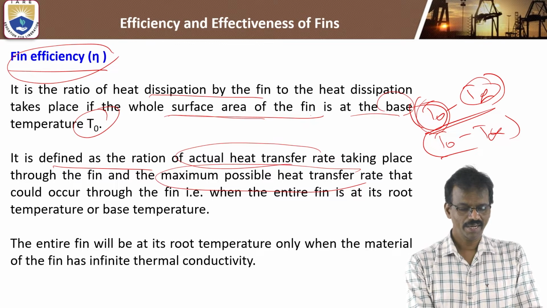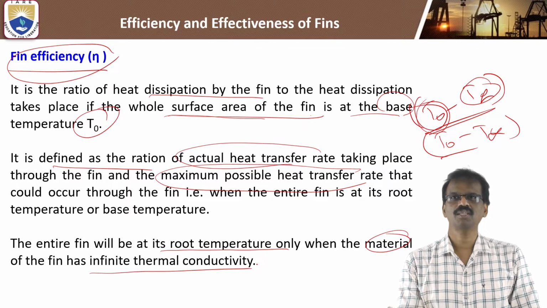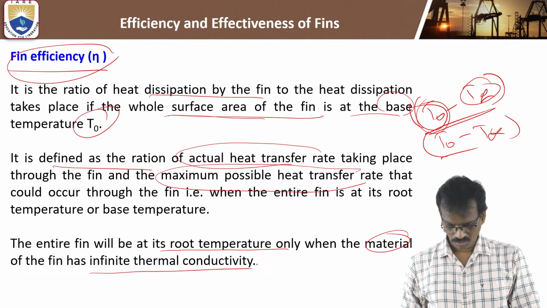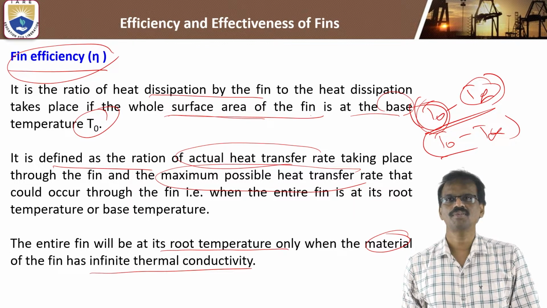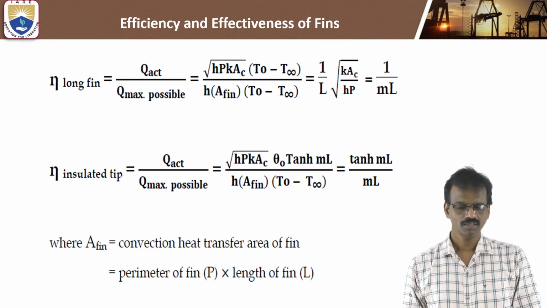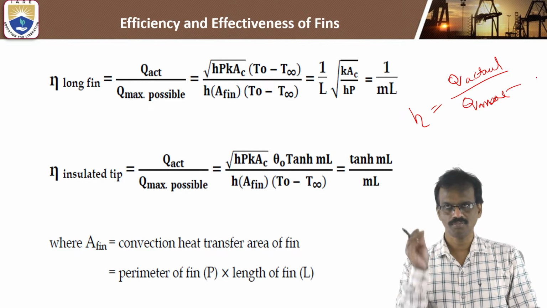The entire fin will be at its root temperature only when the material of the fin has infinite thermal conductivity. So here we can see the formula: efficiency is equal to Q actual by Q maximum possible heat transfer.